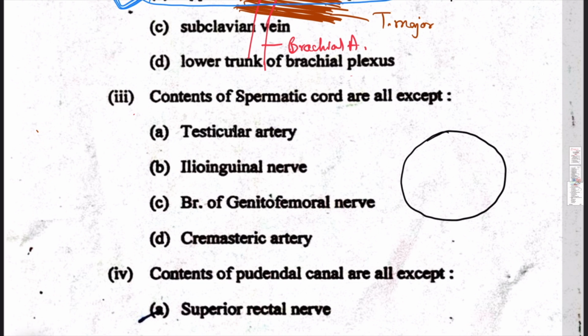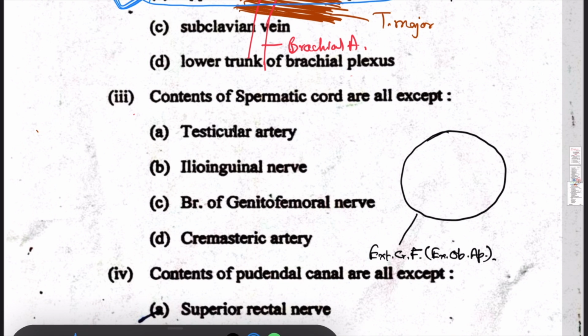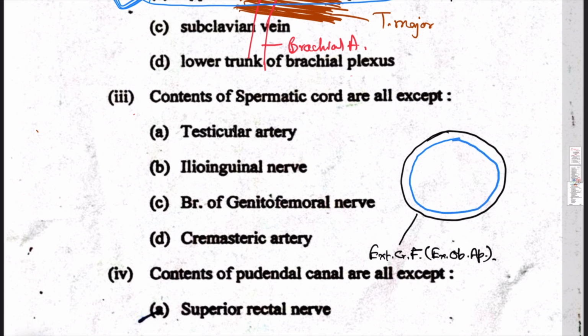The external-most layer is called the external cremasteric fascia. External cremasteric fascia is actually an extension of the external oblique aponeurosis. So the external oblique aponeurosis extends as the external cremasteric fascia.